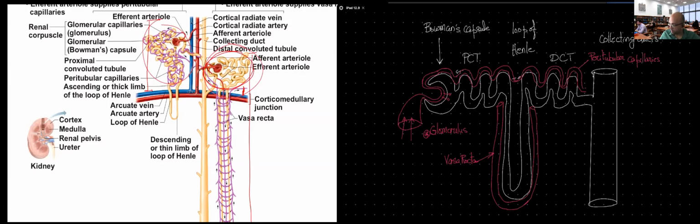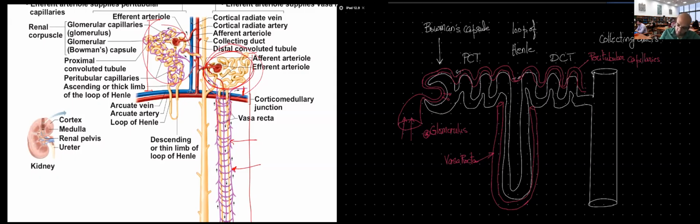And they will be having long loops of Henle surrounded by vasa recta. So the vasa recta on here are the straight vessels that are surrounding the long loops of Henle.